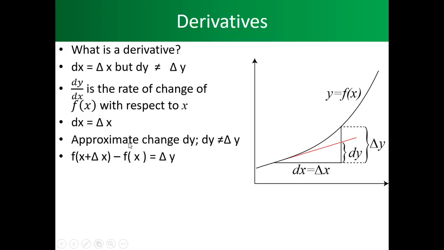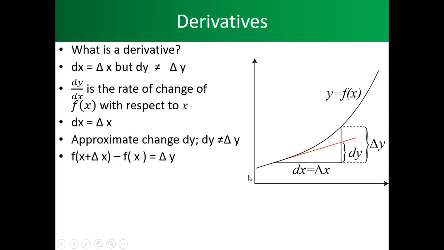So what we would like to look at is f of x plus a very small change in x, a very small change in x, minus our original function f of x equals the change in y.